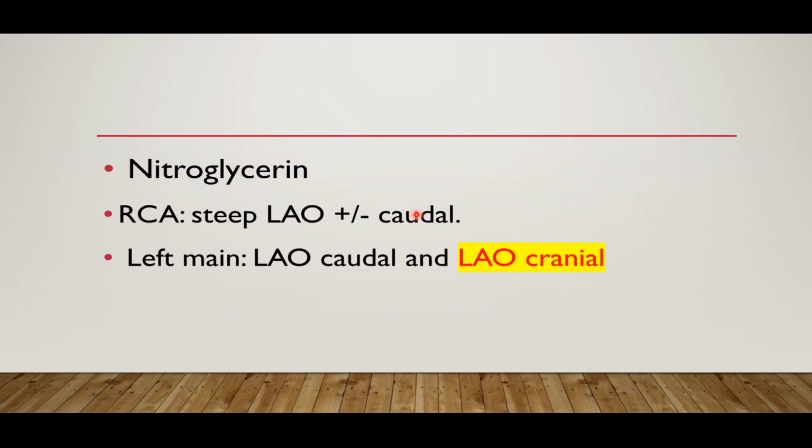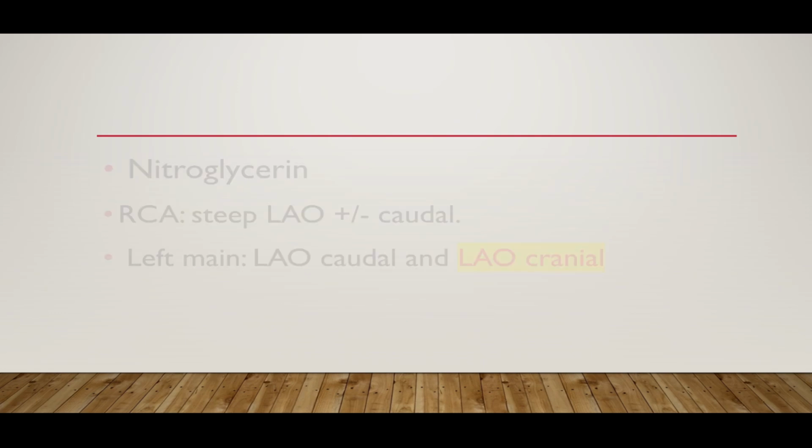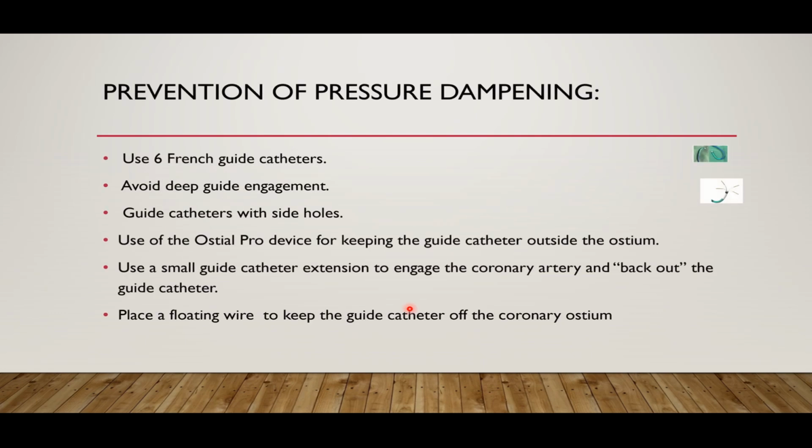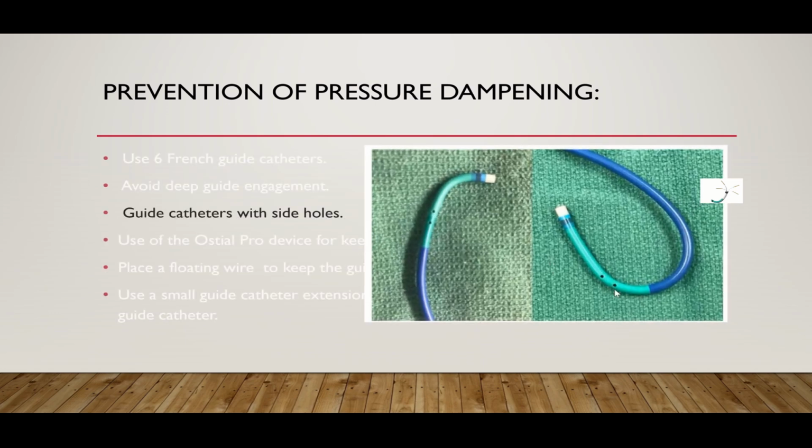First of all, if you find an ostial lesion, inject nitroglycerin and obtain the view that will show you the ostium better. For example, if it is ostial RCA, low caudal. If it is ostial left main, low cranial. There are some maneuvers to prevent pressure dampening. For example, using a small guide catheter, and of course avoid deep guide engagement, or using guide catheters with side holes, like this.